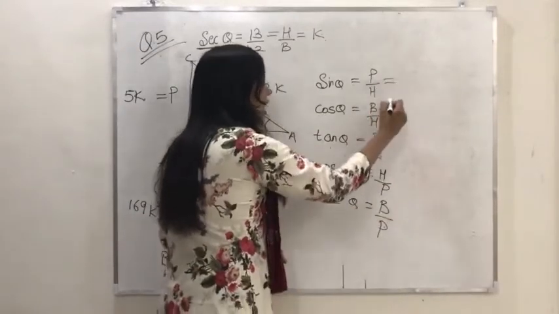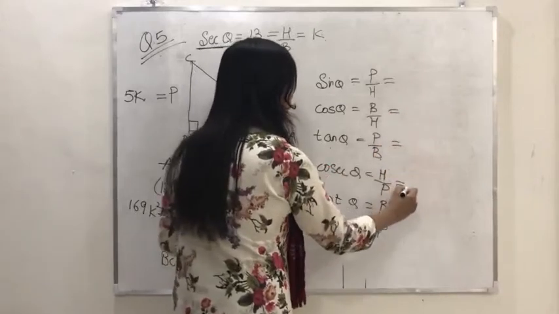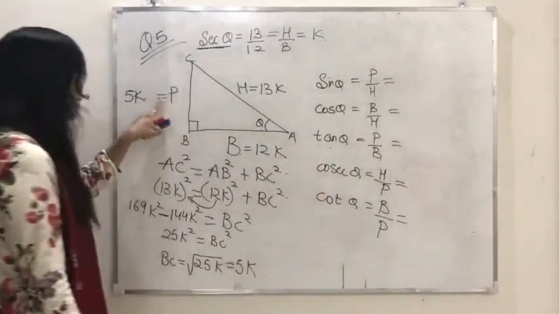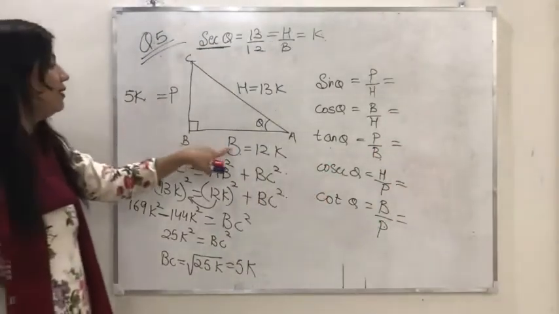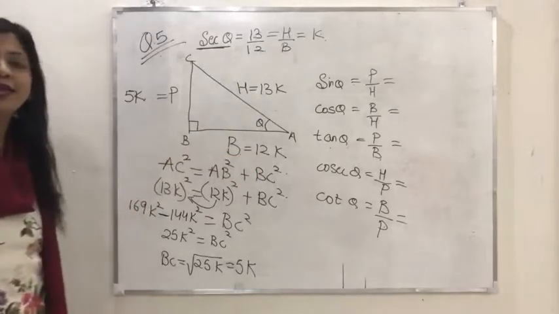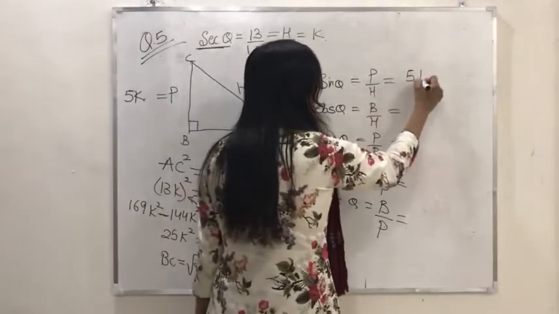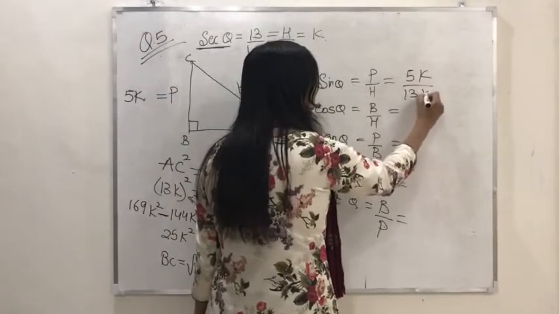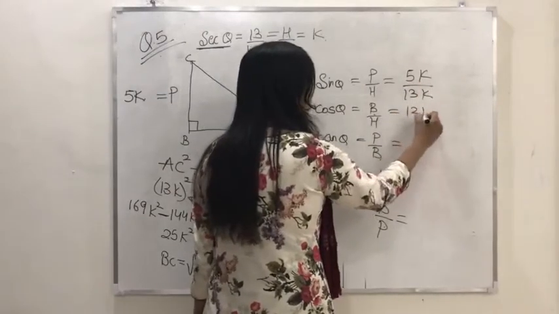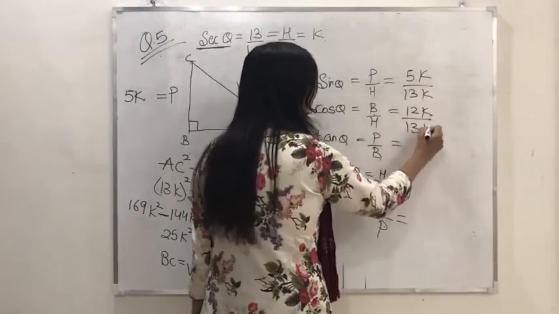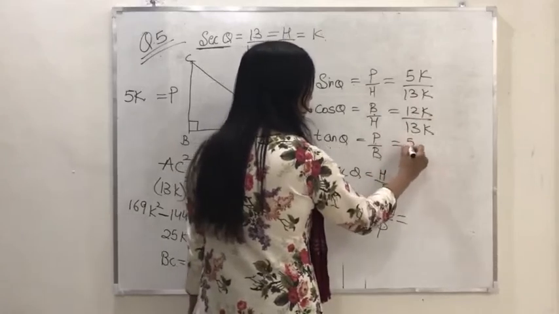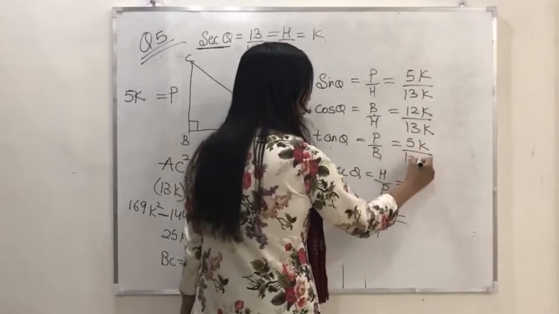So now just we have to put the values. Your perpendicular is 5k. Your base is 12k and your hypotenuse is 13k. So in the first one you will get 5k upon 13k. Cos theta, base is 12, so 12k upon 13k. Tan is 5k upon 12k.